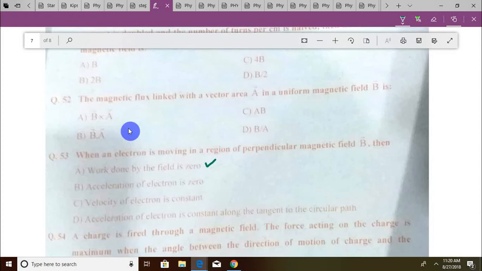A is a vector whose magnitude is the area of the element and whose direction is along the normal to the surface of the element, theta being the angle between the direction of the vectors B and A.